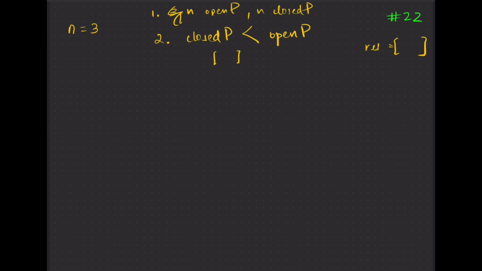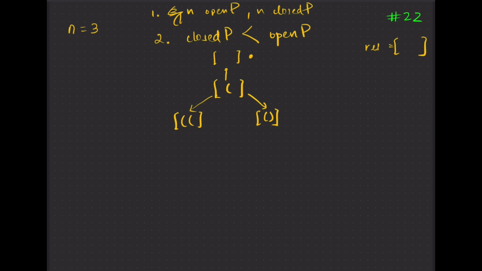So at every point we start with an empty array, and we start out by adding an open parenthesis. At this point we have two choices. We can either add another open parenthesis or just close this one immediately, right? Okay, so that's one of our solutions.